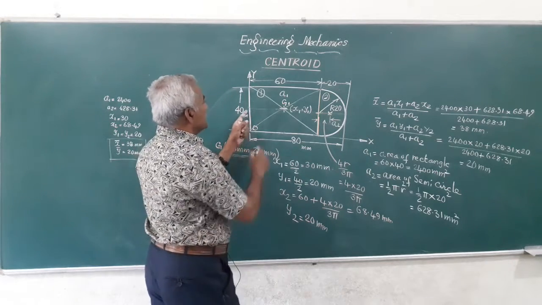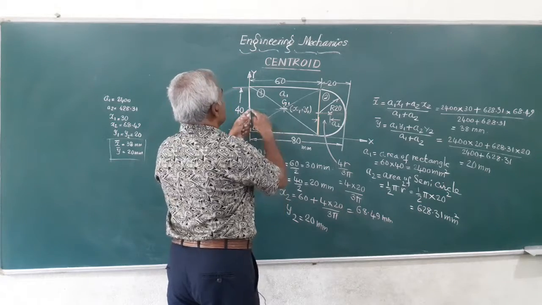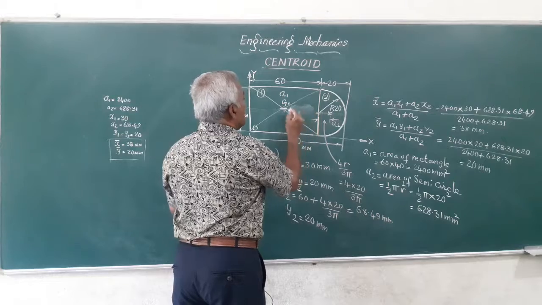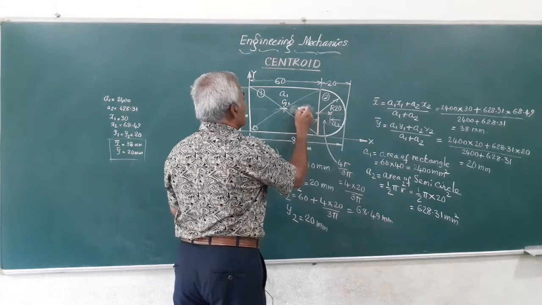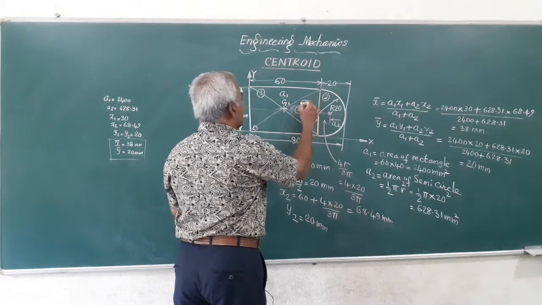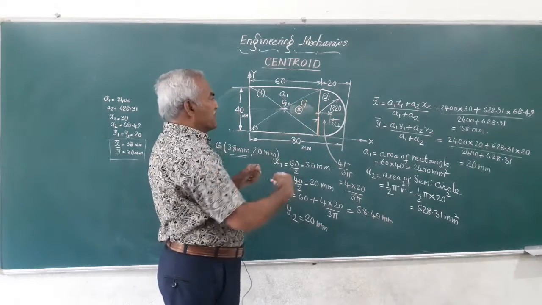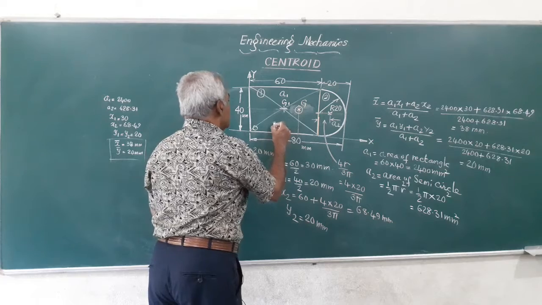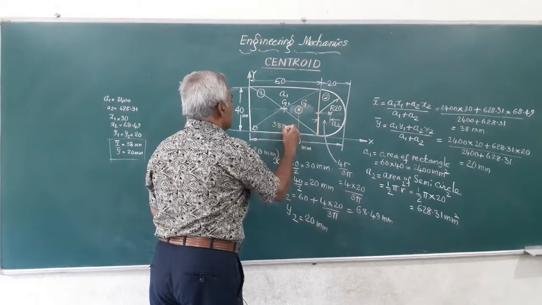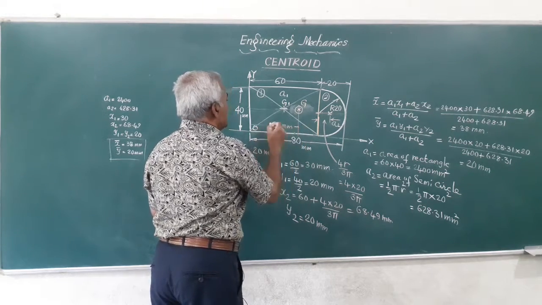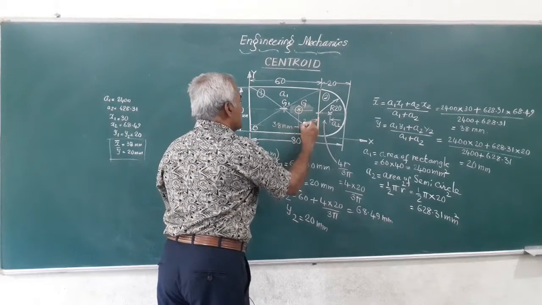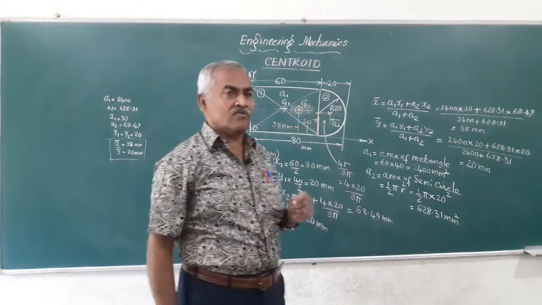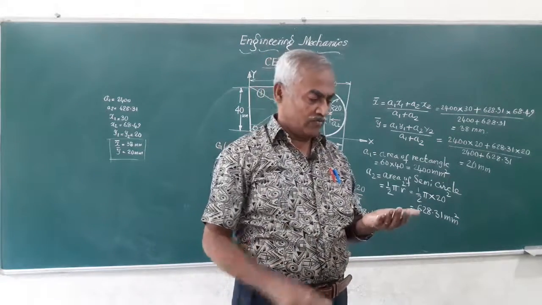That is, this is 30, so somewhere here, 8 millimeter from here. You are going to have the center of gravity for the whole composite plate, which will be like this. This is going to be 38 mm, and this y bar is going to be 20 mm. So this is the location of the centroid of the whole plate.